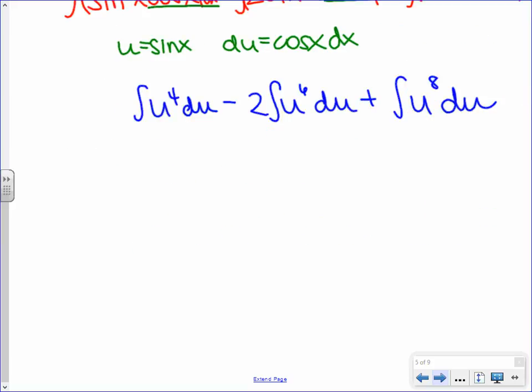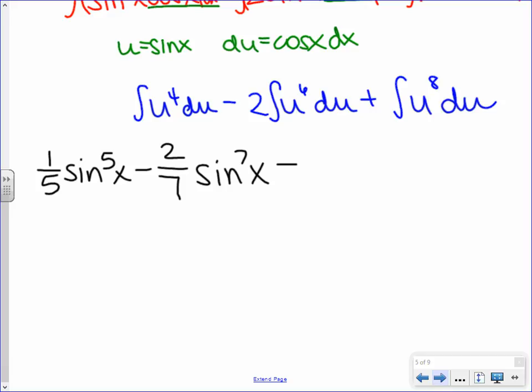Okay, I'm going to take the antiderivative and change them back to sines at the same time. Is that okay? Yes. So 1/5 sine to the fifth x minus 2/7 sine to the seventh x plus 1/9 sine to the ninth x plus c.